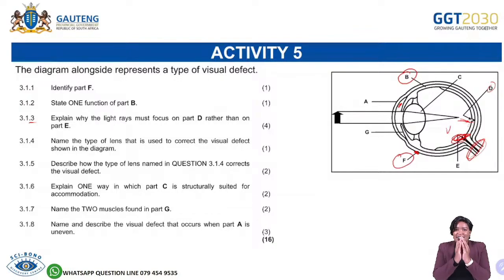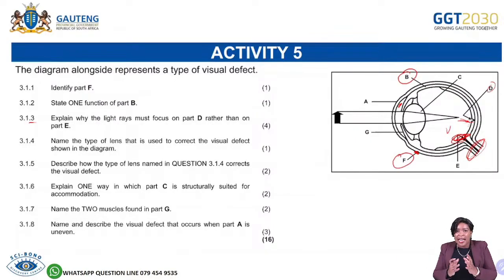She said it's the lens that is the same shape as our own natural lens. So you need spectacles or glasses that have that kind of lens that is going to change the path of the light rays and make sure that they do not fall in the middle or on the vitreous humor, but on the retina, on the yellow spot.